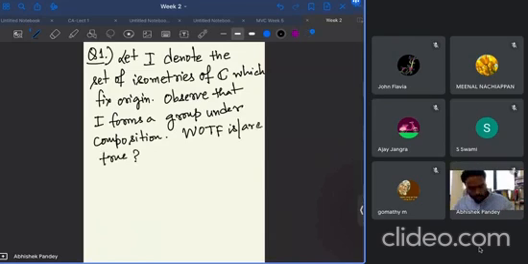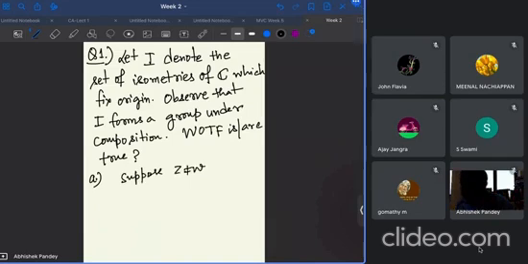Okay, so I will write down the options. The first option is: suppose z is not equal to w are two non-zero complex numbers.